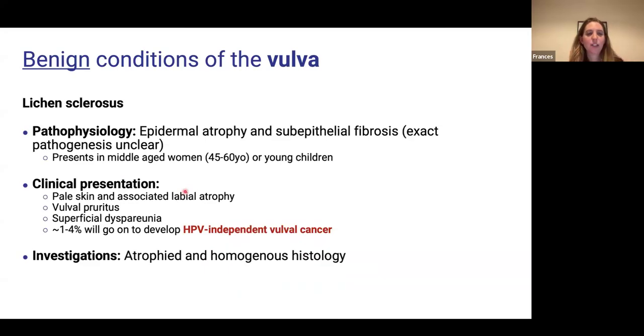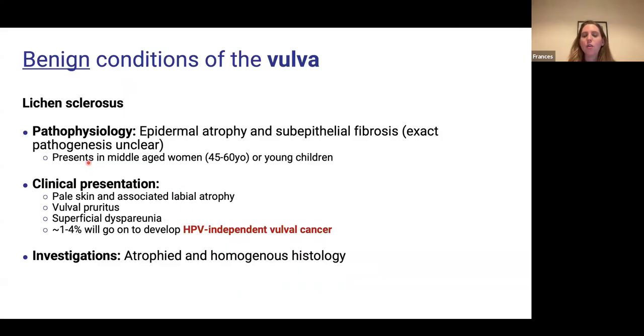You can also get lichen sclerosis, which is essentially where you get atrophy of the epidermis of the vulva, and you get a lot of fibrosis and scar tissue formation. So in this case, you get discoloration of the skin, tends to get much paler than normal, and it's pretty itchy, and it causes, in this case, superficial dyspareunia.